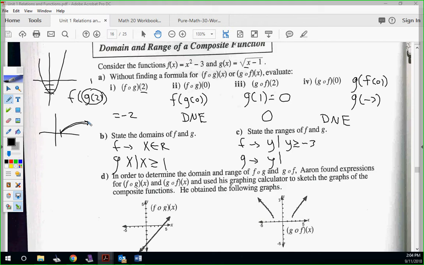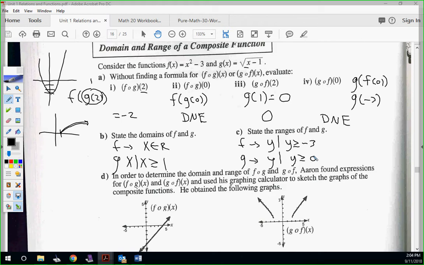G's range. Not 1, that's the x. This is greater than or equal to 0, right? And that makes sense, right? Nothing that outputs from a radical is going to be negative. Nothing that outputs, the y's, is going to be negative.